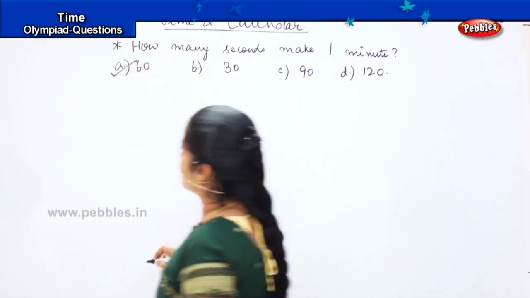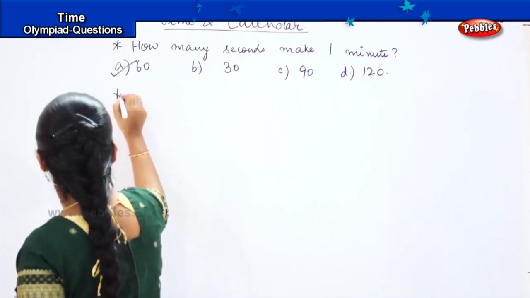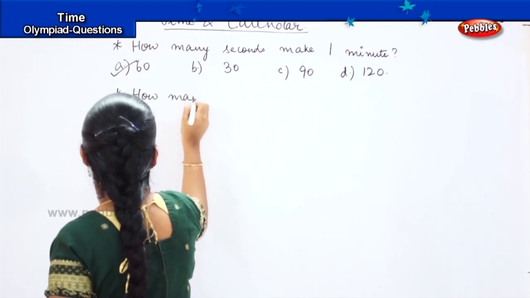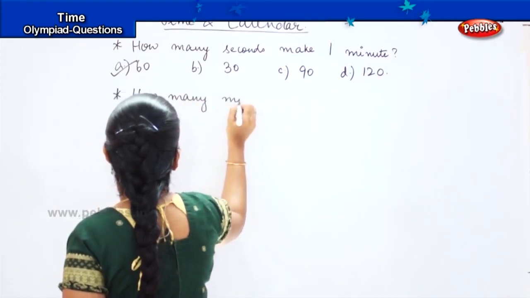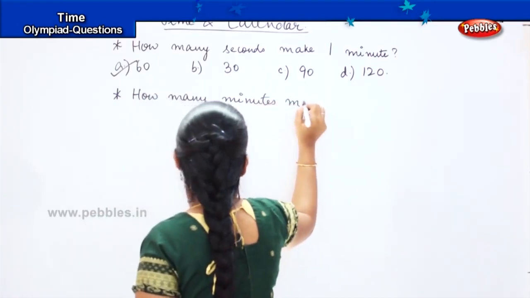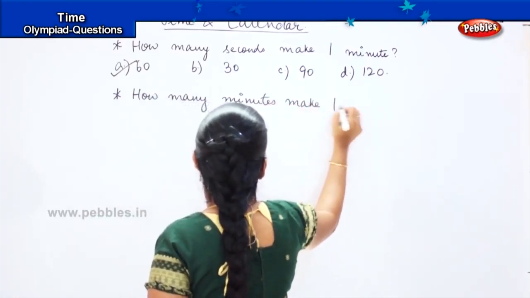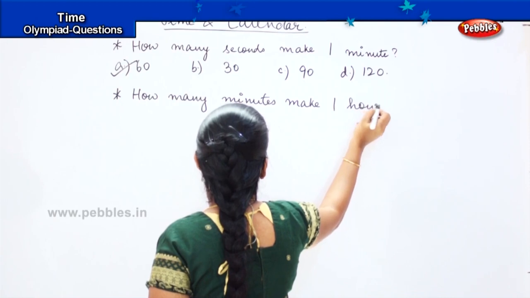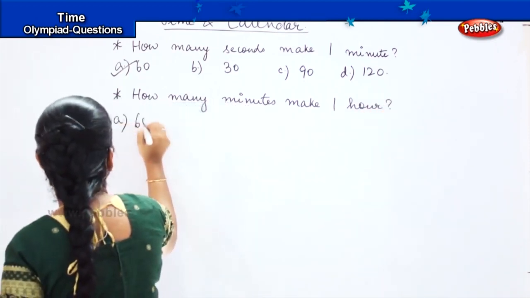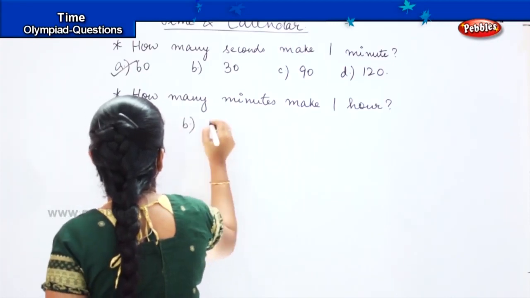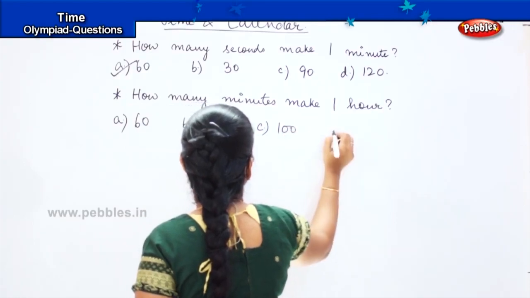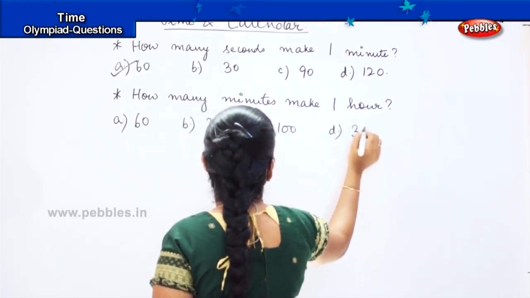Your next question is, how many minutes make 1 hour? And your options are A 60, B 30, C 100 and D 360.